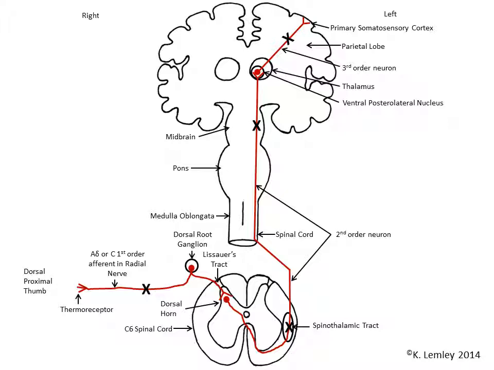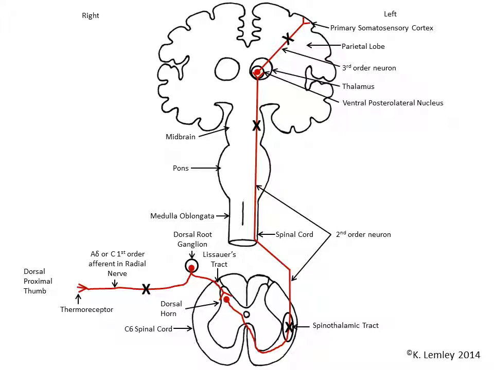So at this point, it's a little hard to say exactly what we would find with a cerebral injury, but we can say that it would be on the opposite side of the body that we would lose that temperature sensation. So peripheral nerve injury, the sensory loss is ipsilateral, but once we get into the spinal cord, if we damage the ascending tract, then it's going to be contralateral.